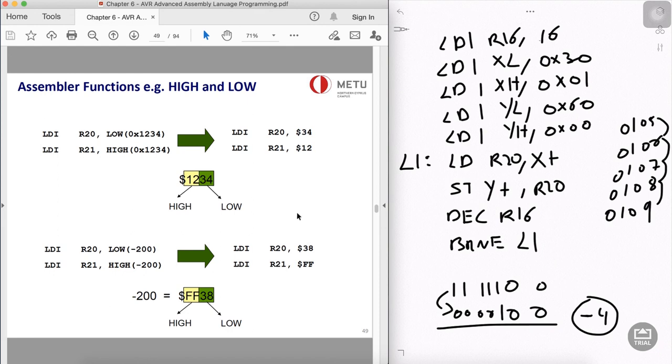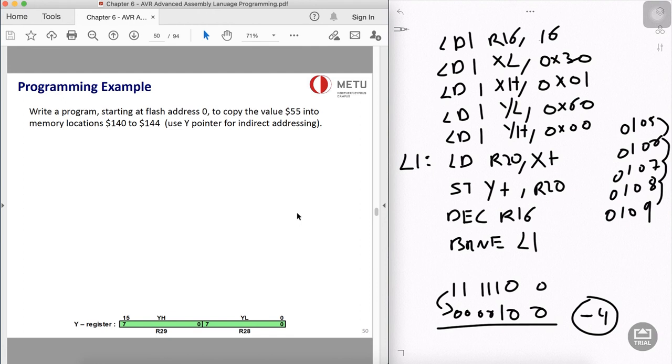Okay, so there are a couple of examples in the slides that we can go through together. And one of them is this programming example. Write a program starting at flash address 0 to copy the value 55 into memory locations 140 to 144.